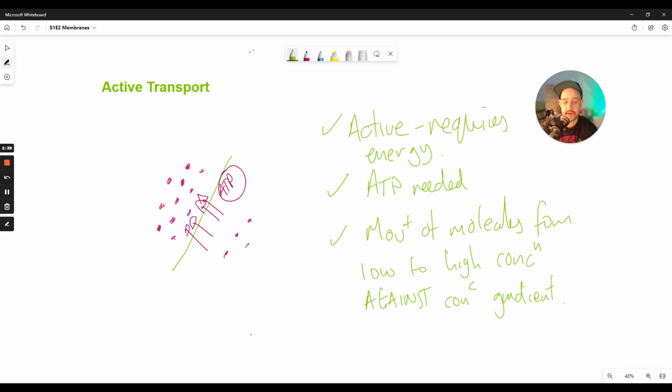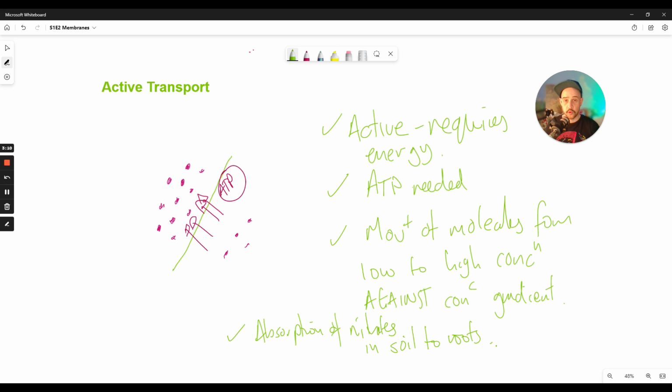Now, an example of this that might happen in real life could be the absorption of different nutrients and minerals by plants from the soil into the roots. A plant might be full of nitrates already, but if it needs a little bit more, it's going to have to use active transport. So for an example, could be the absorption of, say, nitrates in soil to roots.